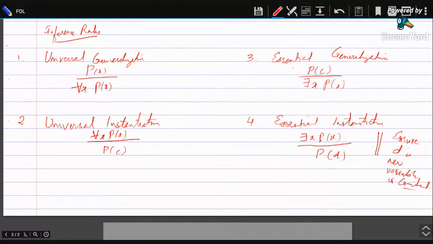Because it is saying there exists some dog. Somewhere in the back you have used there exists some dog, and for that you have used P(d). Now in later stages when you are working on some proof, you come across a similar formula again, talking about there exists some cat.